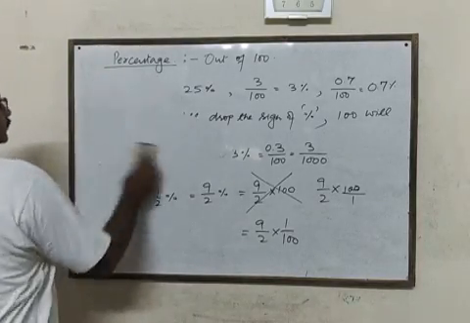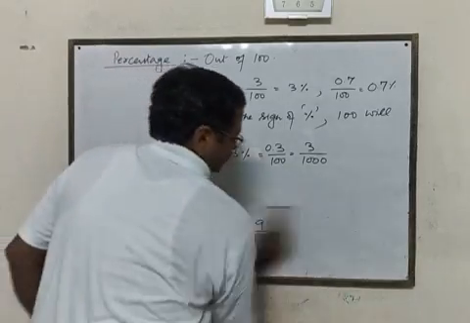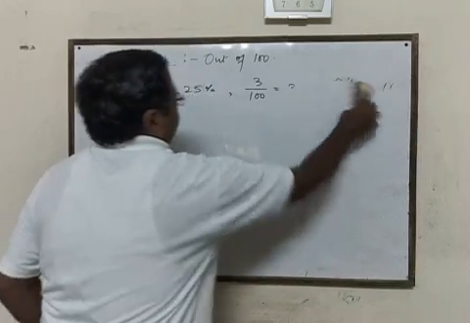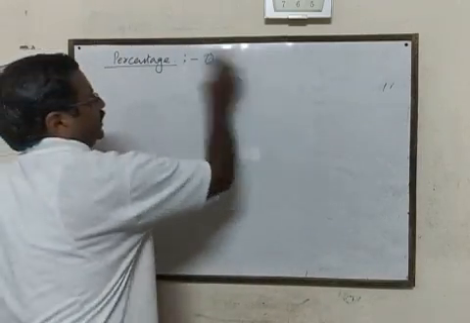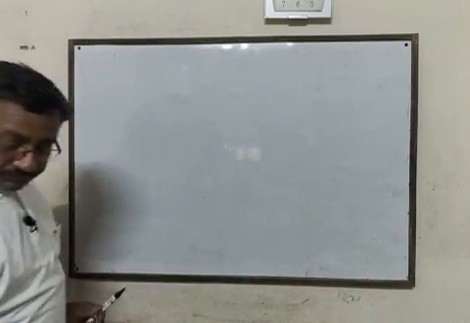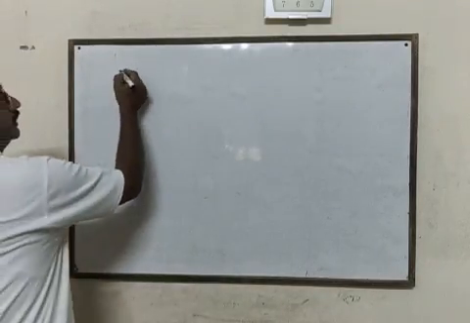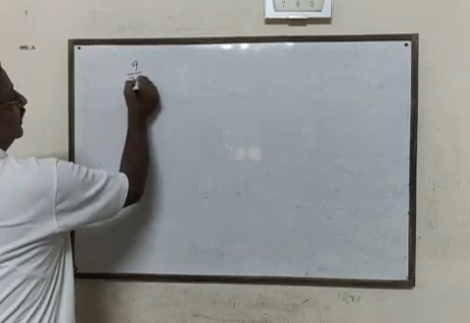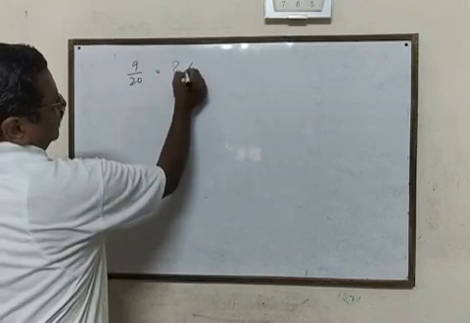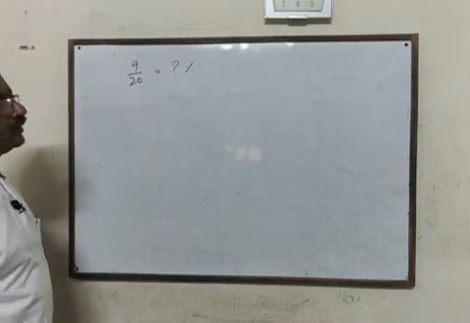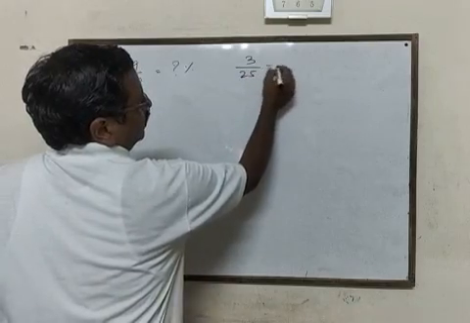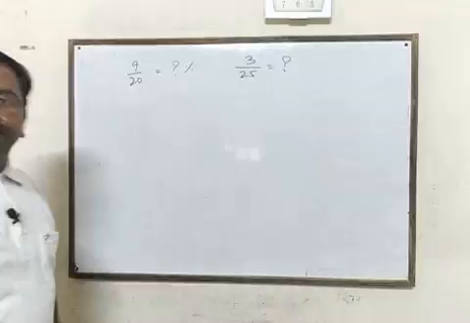Now, if the 100 is in the denominator, we can write it in percent. But if 9 upon 20 is there, how will we write it in percent? If 3 upon 25 is there, how will we write it in percent?